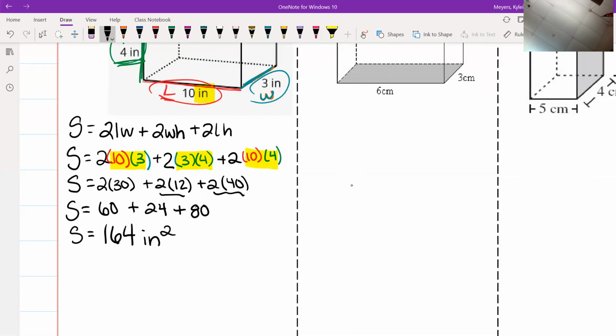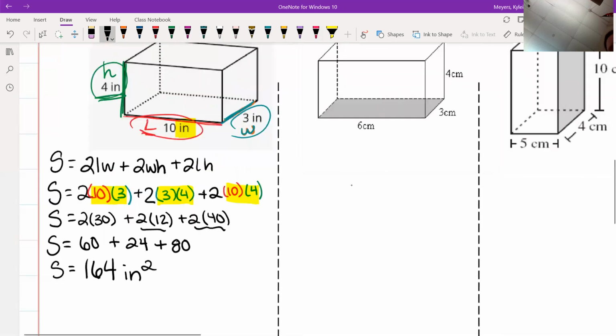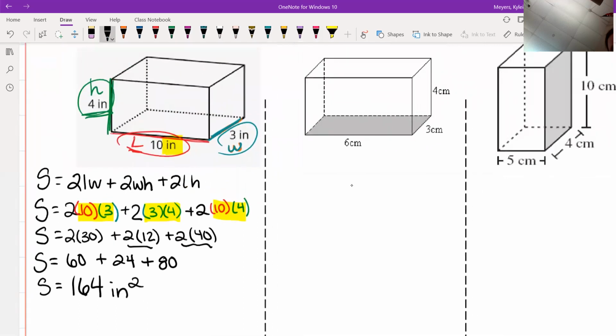Okay, so again, we start the process by writing our formula down: 2 length times width plus 2 width times height plus 2 length times height. Remember, you don't need to memorize this formula because it'll be on a formula sheet for you.